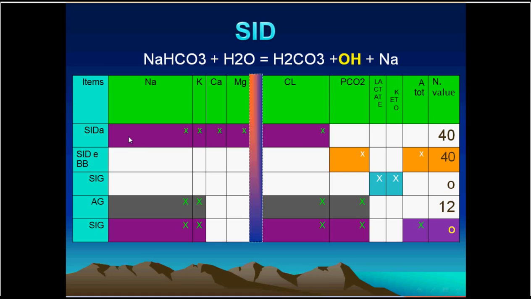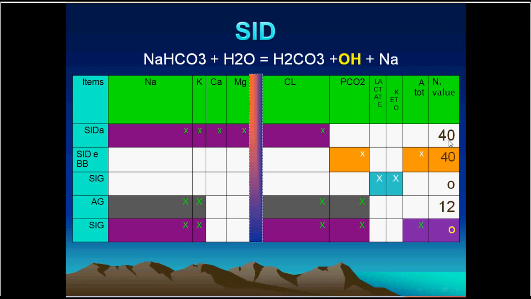So sodium plus potassium plus calcium plus magnesium equals these anions: chloride, bicarbonate, total weak acids, lactic acid, keto acids, all of them. But usually when we measure the strong ion difference, it is sodium plus potassium plus calcium plus magnesium minus the strong anion, which is chloride.